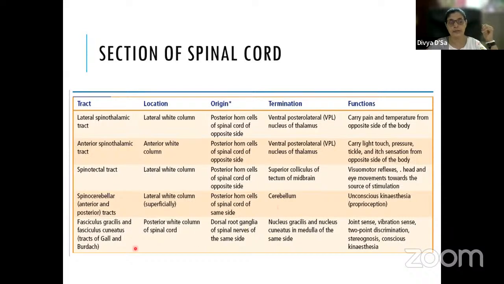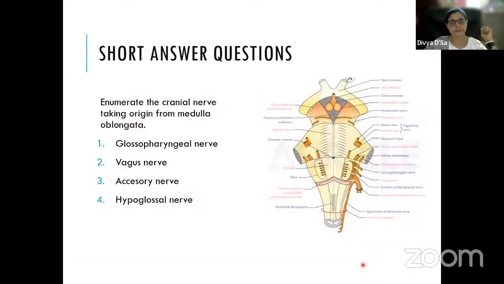Fasciculus gracilis and cuneatus are in the posterior white column of the spinal cord, beginning in the dorsal root ganglia of the spinal nerves of the same side and ending in the nucleus gracilis and cuneatus of the medulla. They carry joint sensation, vibration sensation, two-point discrimination, stereognosis, and conscious kinesthesia.